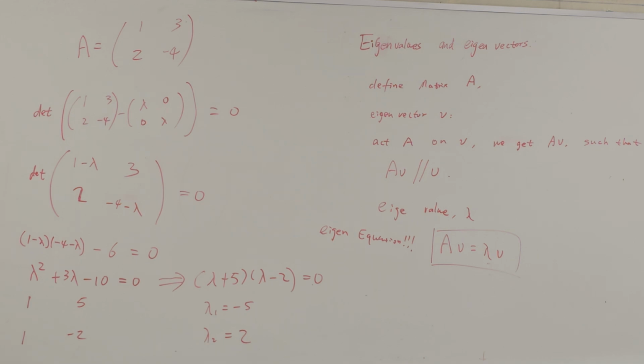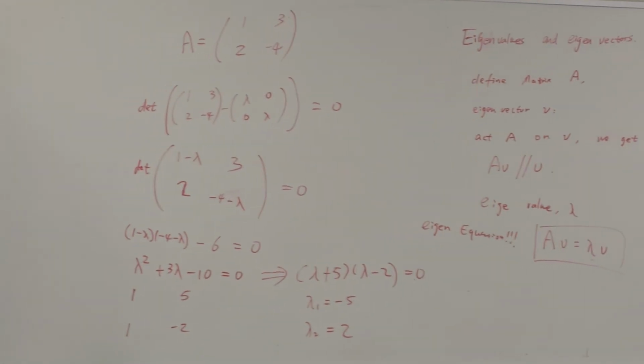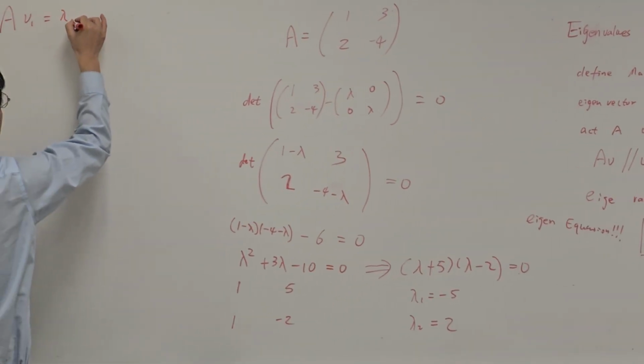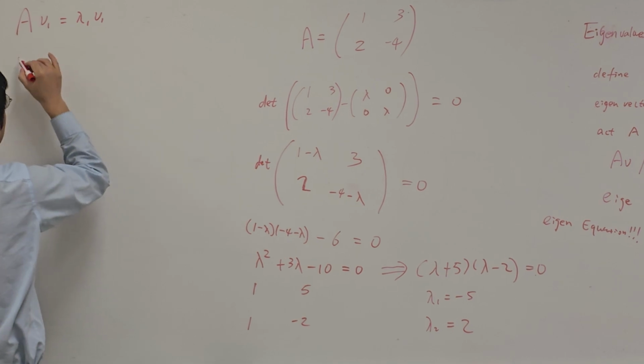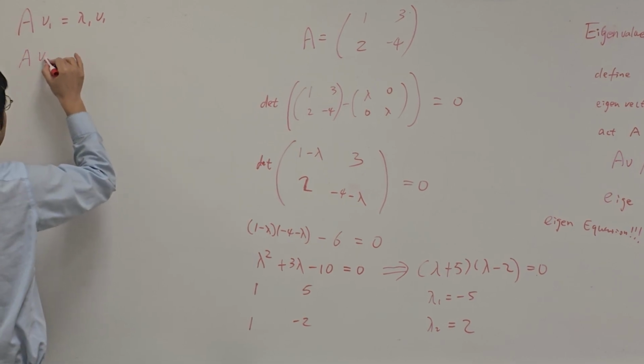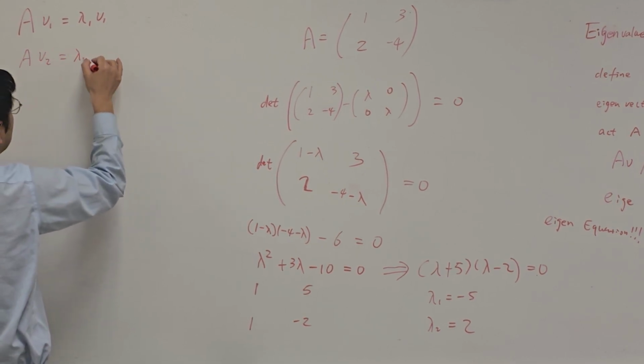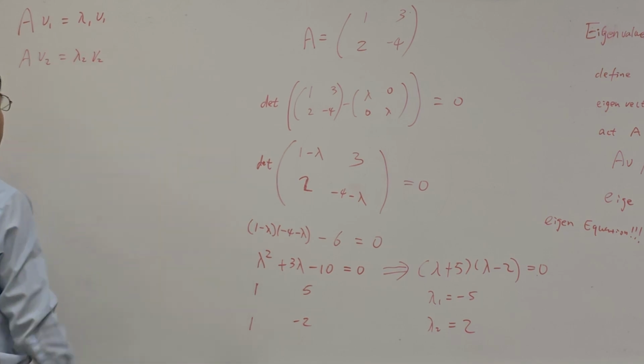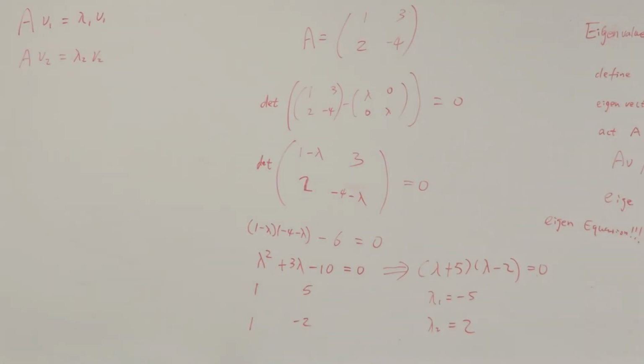Okay, now we want to find out. We can now write A times V1 equals lambda 1 times V1, and A times V2 equals lambda 2 times V2.